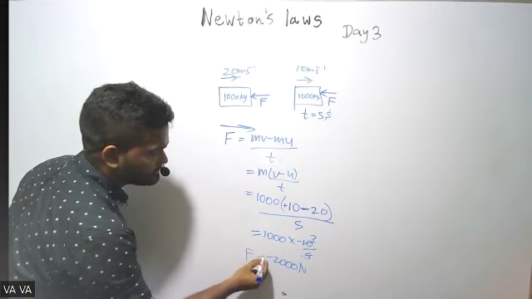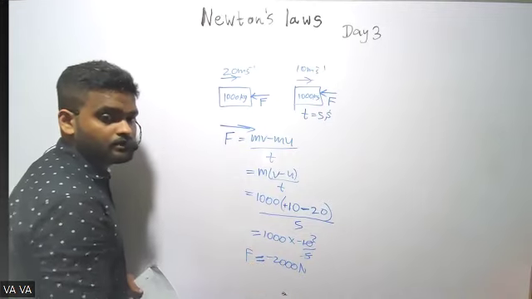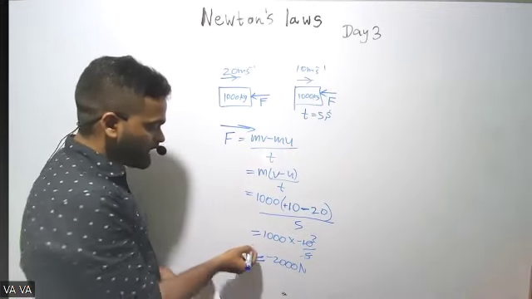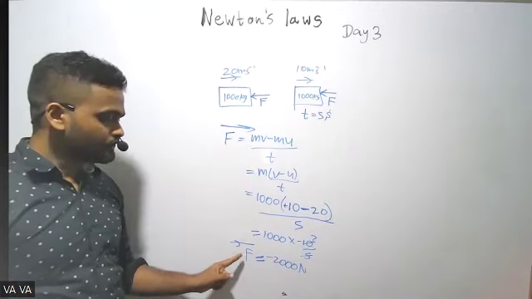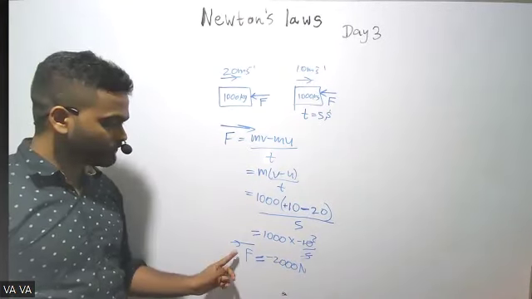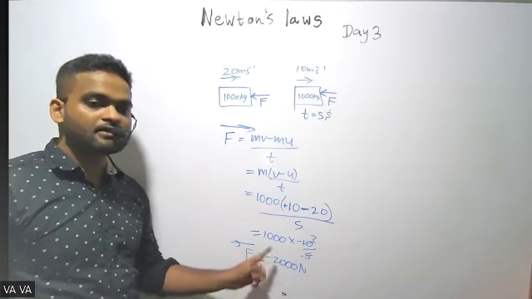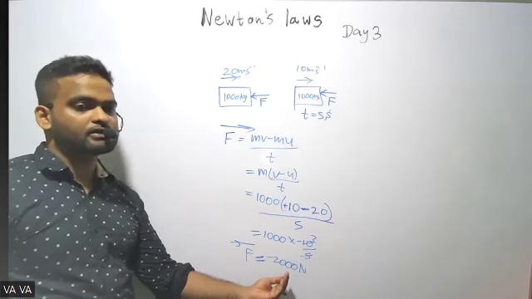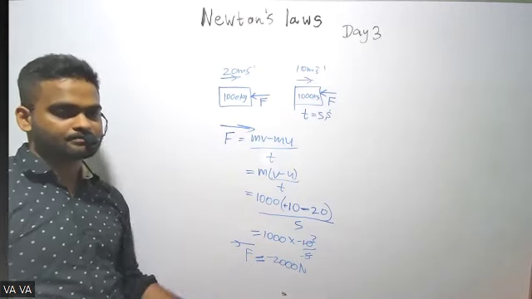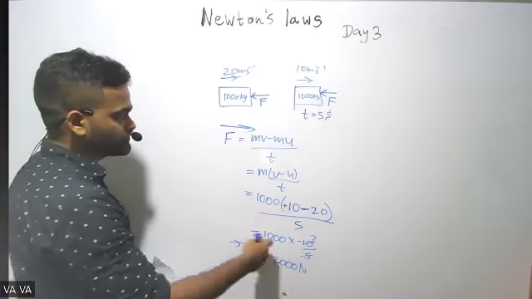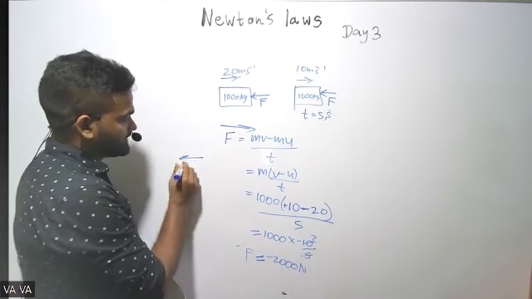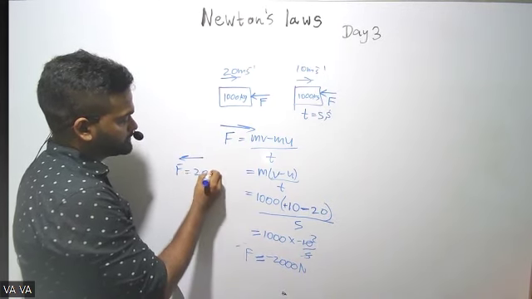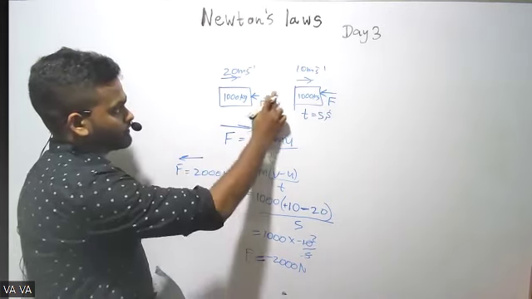So why did we get a negative sign here? I applied the equation to this side, right? So the force you got is negative. What is the meaning of that? Actually the force should be to the opposite side. So to the opposite side, force is 2000 Newton.